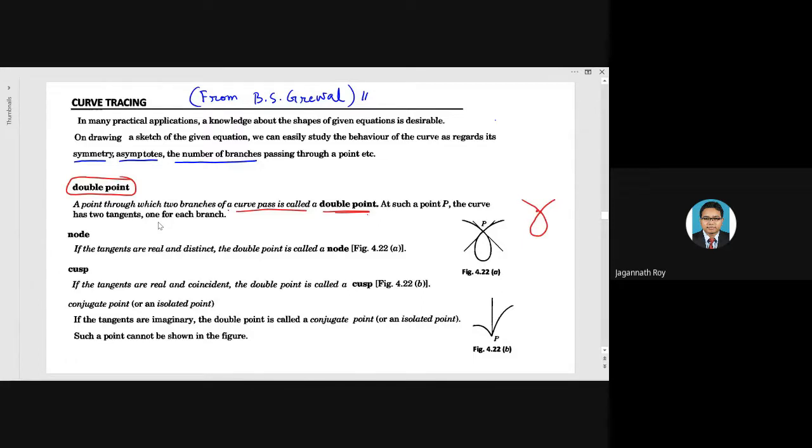So we call it a double point. What is the note? If the tangents are real and distinct, the double point is called a node. So here you can see this is a node. In fact, for node you will remember it will look like a knot.